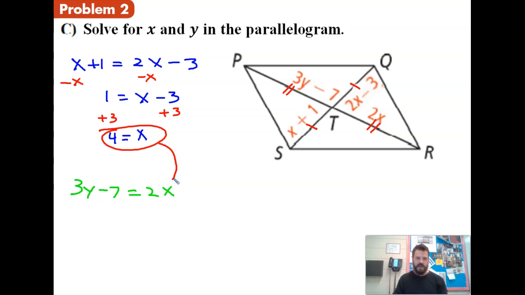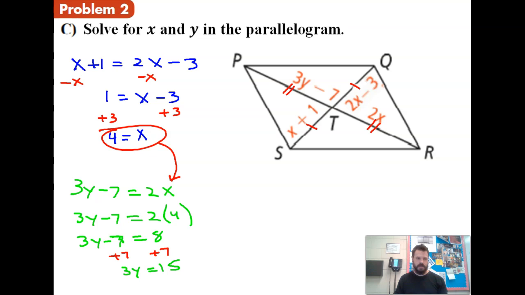And then to finish it off, we'll substitute in the x here into the second equation, which gives me 3y minus 7 is equal to 2 times my x, 4. So in other words, 3y minus 7 is equal to 8. I can add 7 to both sides of that. Divide both sides by 3. And as we run out of room, we end up with y is equal to 5.